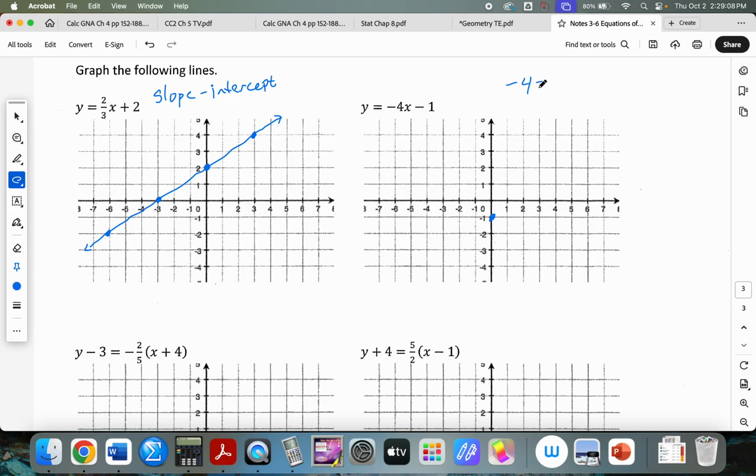Be really nice if that was a fraction. -4/1. So from here, my vertical change is -4. And then I move to the right 1. Or I could have gone up 4 and to the left 1. It's the same thing.